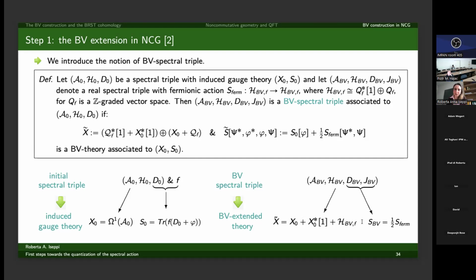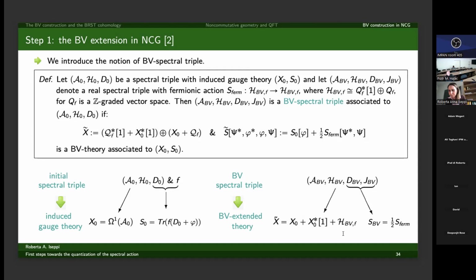So the gauge theory from the initial spectral triple comes from the algebra and the spectral action, while the ghosts are encoded by the fermionic action, but that's natural. We're adding Grassmannian variables, so we're adding fermions. It's quite intuitive that the right ingredient is the fermionic action, which is defined on half of the Hilbert space. So it makes sense that my ghost sector is determined by the Hilbert space.